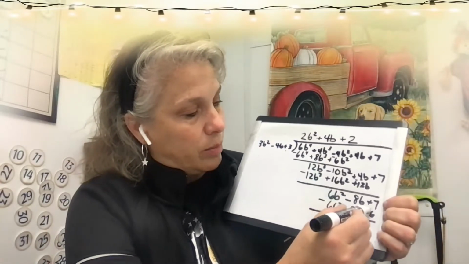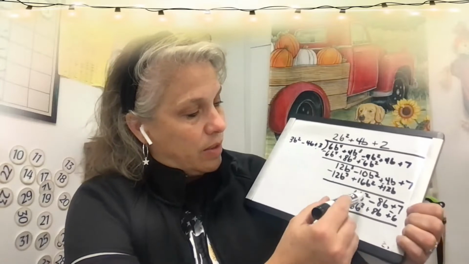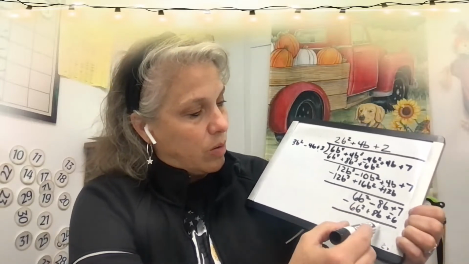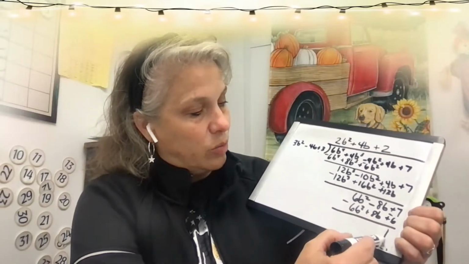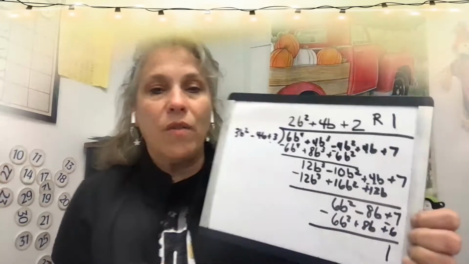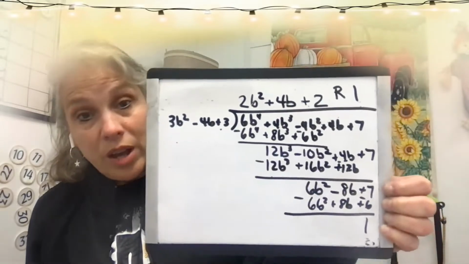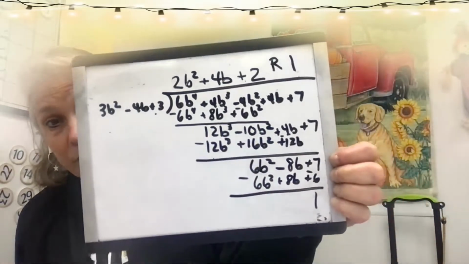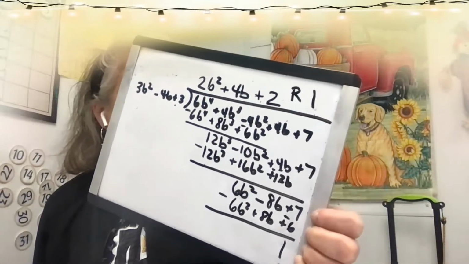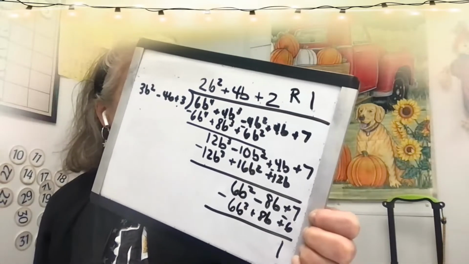So minus, plus, minus, and then this cancels to 0. 7 minus 6 is 1. Now this one does have a remainder of 1. And you are done. Okay, that is the answer to number 16.